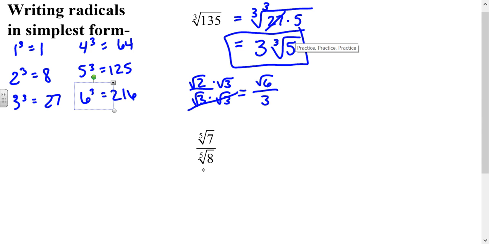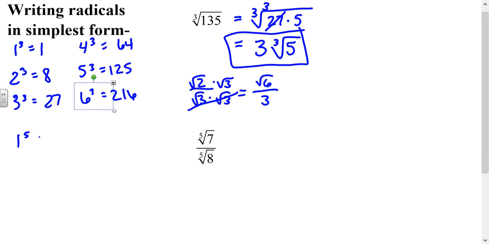Now for this one, I have a 5th root, so it's a little bit different. I would either have to multiply it by the 5th root of 8 4 more times, that way I have 5 of them, but that would be pretty complicated. So something else we can do is make a list of our perfect 5th roots.